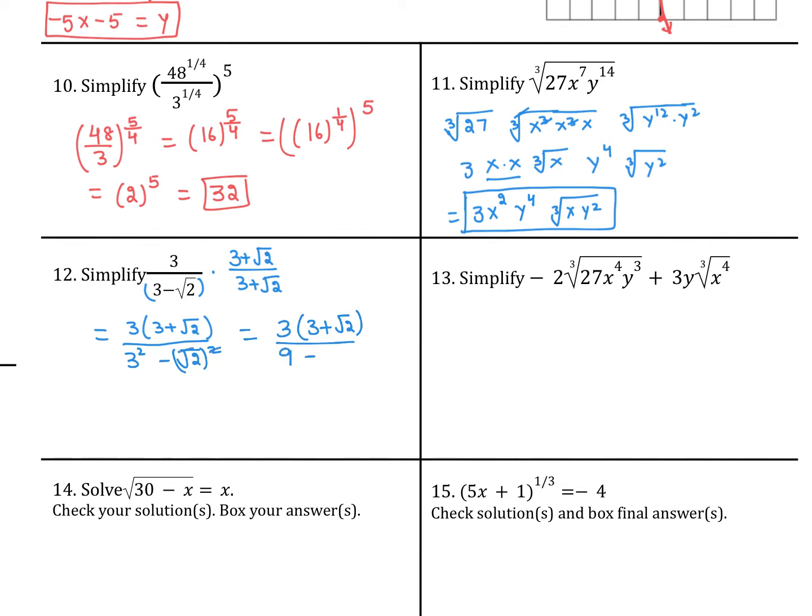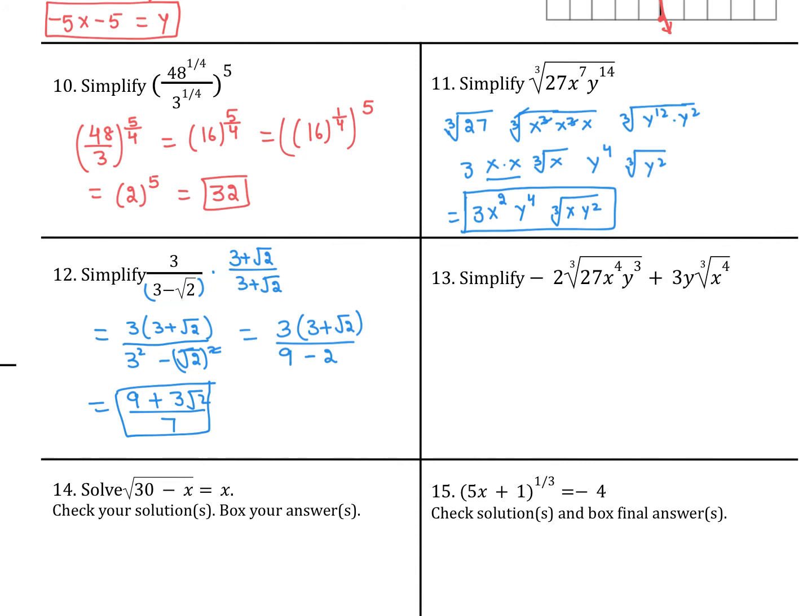Square and square root cancel. So you got here 9 minus 2. So on the top you got 9 plus 3 times square root 2, divided by 7. So in that way we were able to remove the square root from the bottom by using the conjugate and multiplying top and bottom.